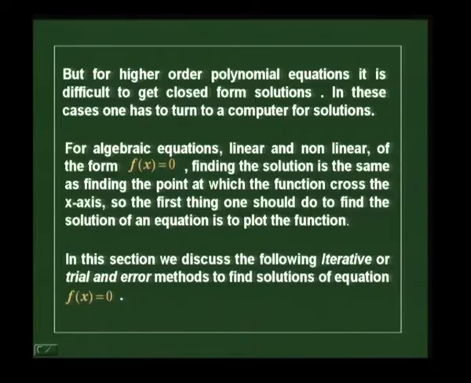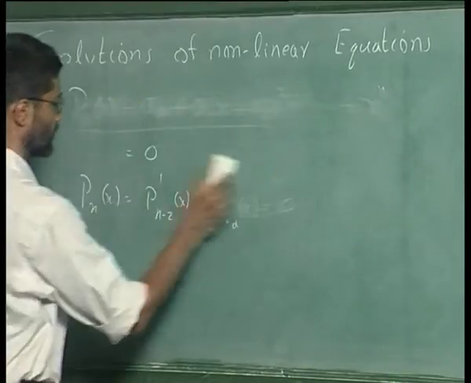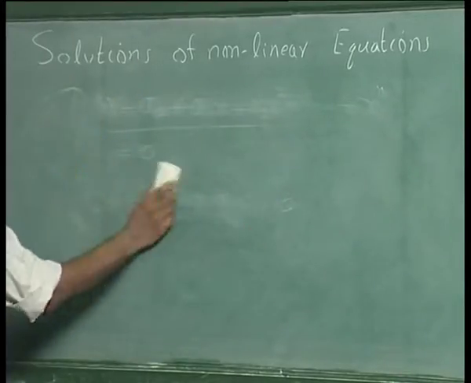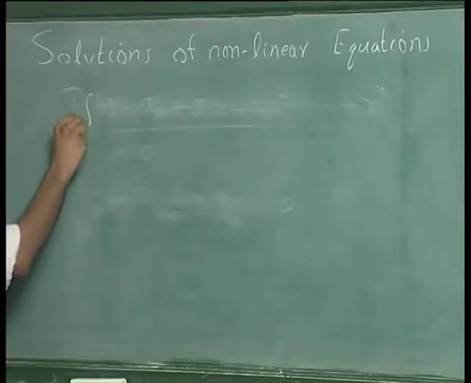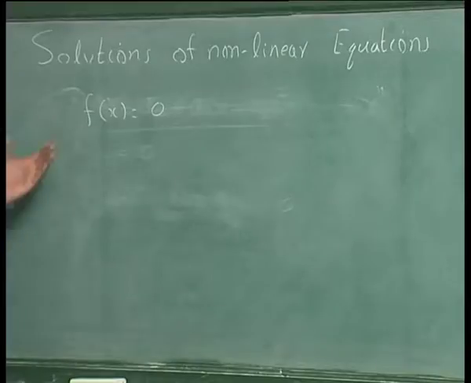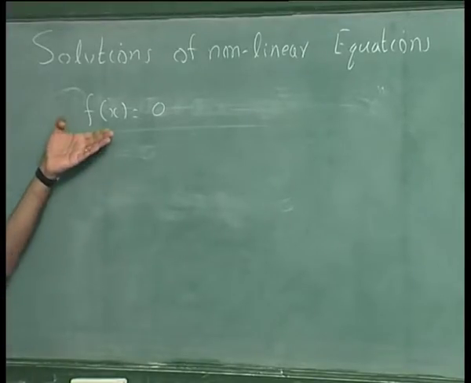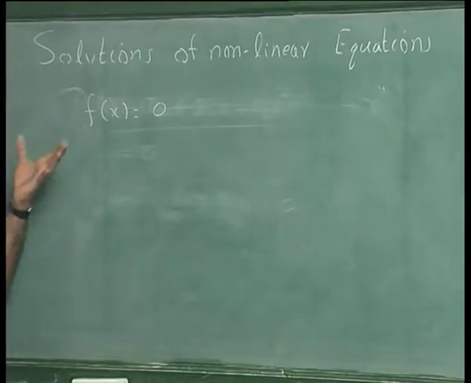The first thing one should do when you get an equation of this form, that is any nonlinear function f of x, and you have to find the roots of this equation, is this: if you are just given an equation of the form f of x equal to 0 and asked to find the roots, we just plot this function f of x, if it's a simple function to plot.